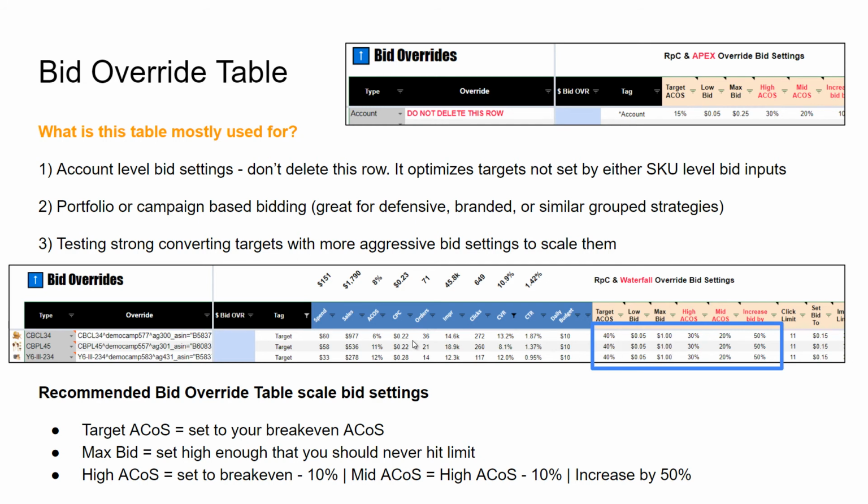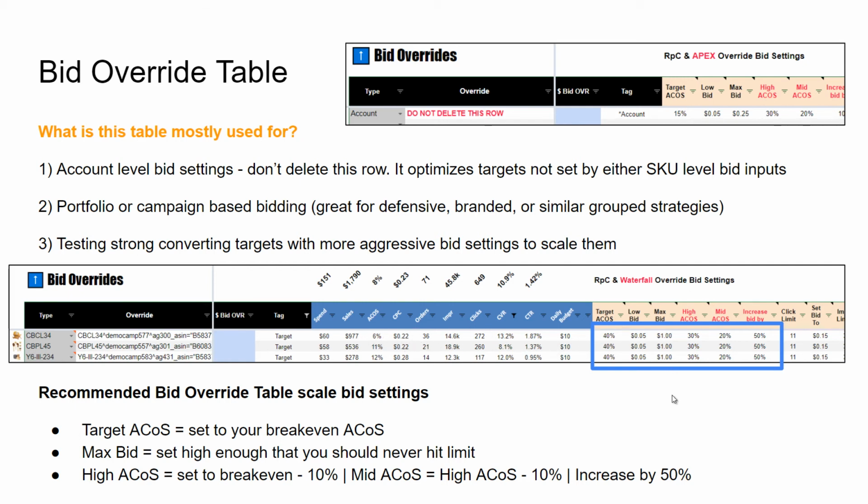You can see our CPC on these are only like 20 cents. In here, we're going up to $1 because it's quite possible that Apex could be saying, oh, well, your performance based on your current conversion rate and ACoS and all the other factors it takes into account, you could be bidding at 90 cents on this and still doing very well, and you're going to get better placements then.